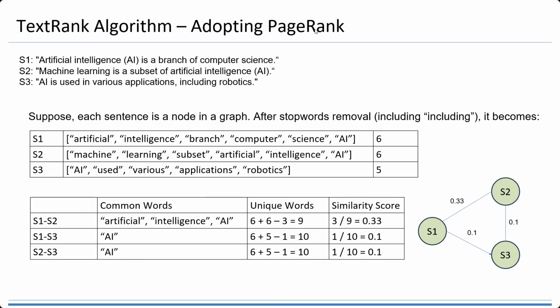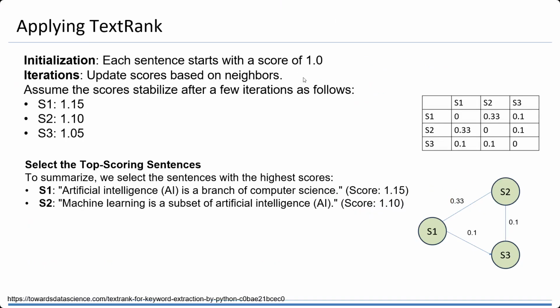So you can follow the PageRank algorithm that we learned last time. We can make a matrix. This is the matrix. Now we assume that the relationship between S1 and S2, which is 0.33, is the same as S2 and S1, 0.33. So yeah, we can make this assumption.